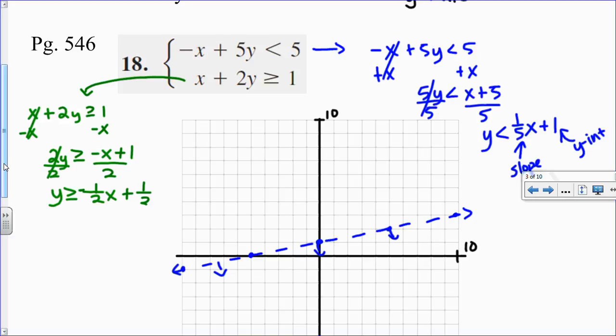Lauren, where would I start? Okay, good. And then Lauren, my slope is -1/2, so how would I move? Good, down 1, right 2. Adam, will my line be solid or dashed? Okay. Adam, will I shade above or below, the side that's above or below my y-intercept?